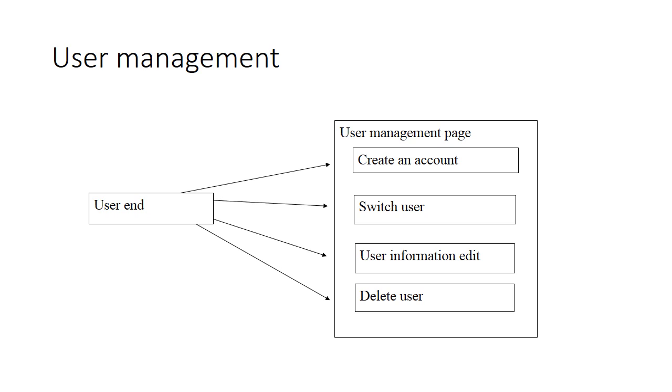During its runtime, the software recognizes a current main user. Once it's not the initial application, the software treats the last-time user as its main user by default. Besides, in the user management page, the software also includes other functions like user information edit, delete user, and switch user.